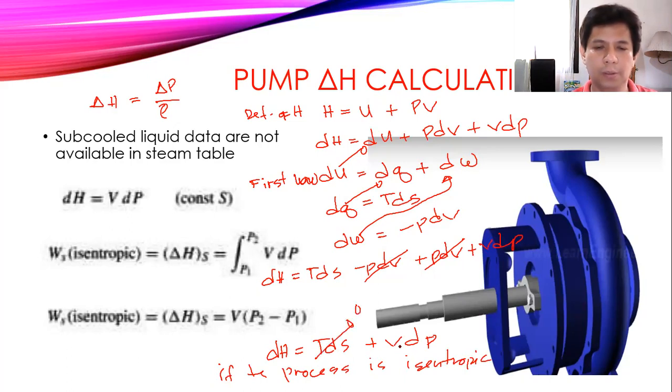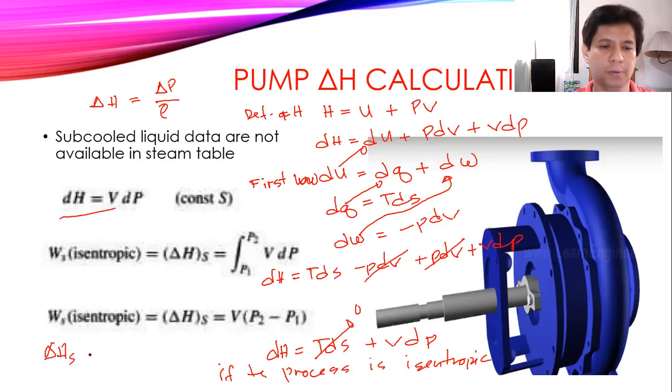So we are reduced with this equation. dH is equals to VdP. If you're going to integrate this equation, you will arrive at delta HS. Liquids have a constant molar volume. It's incompressible. So this equation will simplify to delta HS, no, is equals to V delta P.